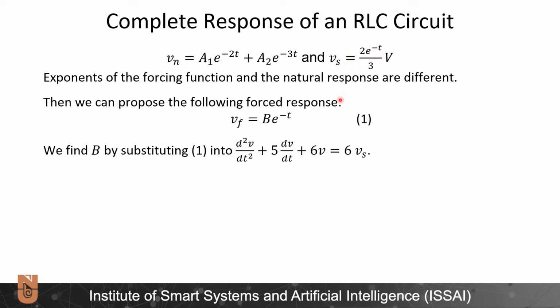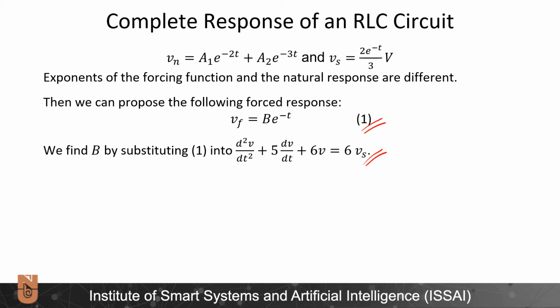So they are different. Therefore, we can easily propose vf is equal to b times e to the minus t as the forced response.